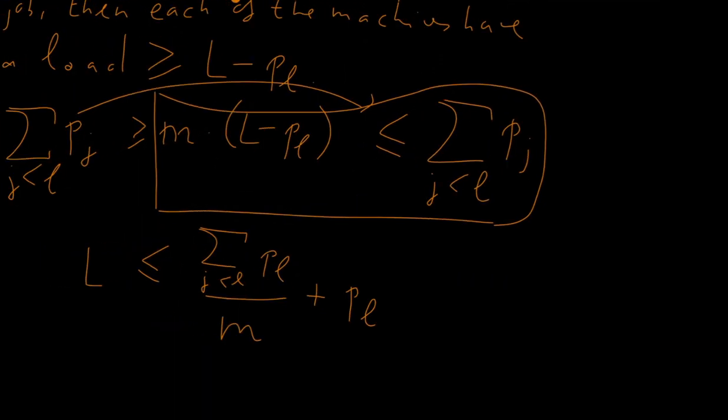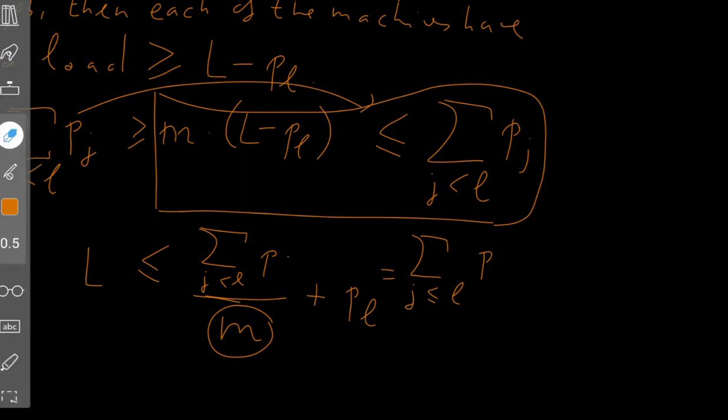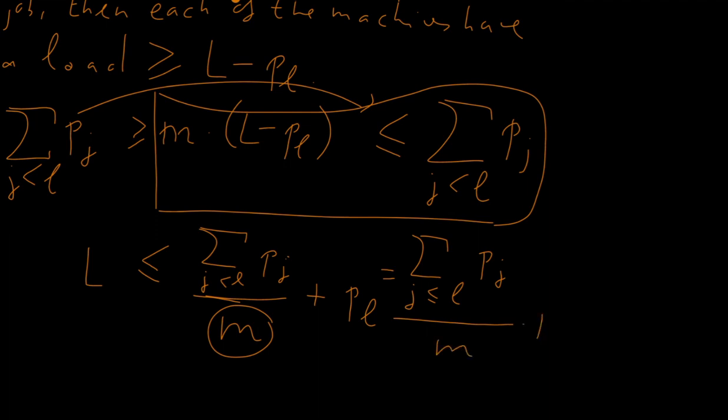That equals the sum over J smaller than L of PJ divided by M, plus M minus 1 over M times PL.